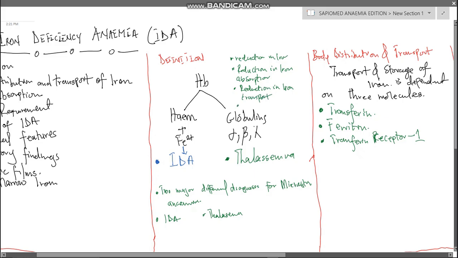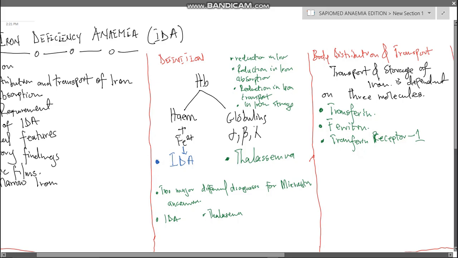It could also be a reduction in iron storage. So all these can contribute to iron deficiency anemia. So as the word goes, iron deficiency anemia, there's a deficiency in what? In iron. Alright. So basically that is the definition of iron deficiency anemia.